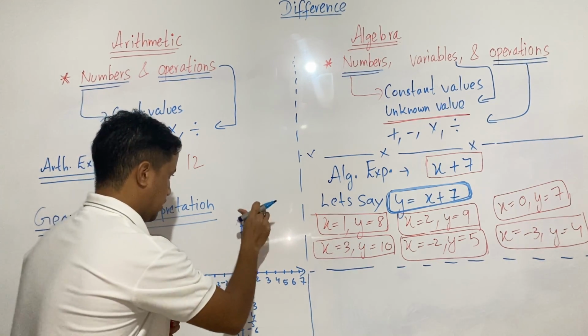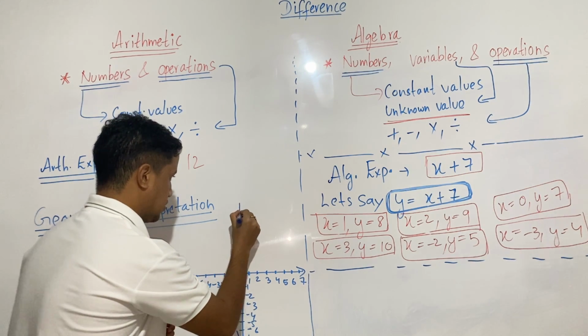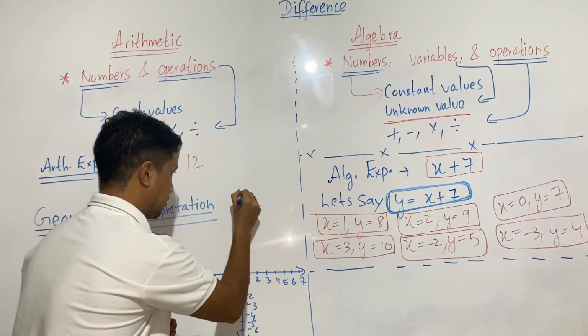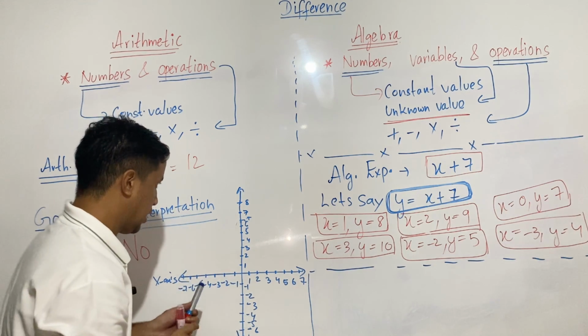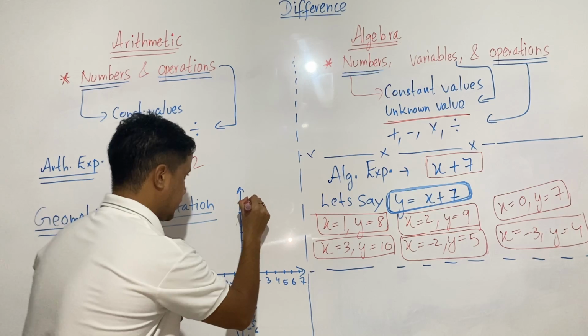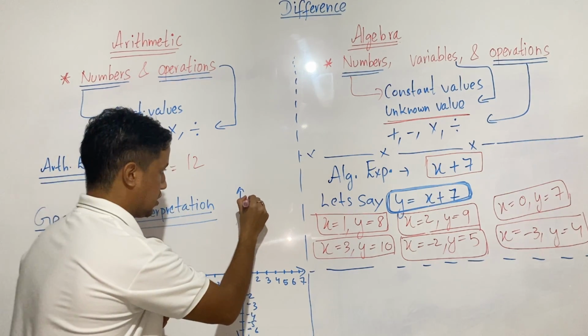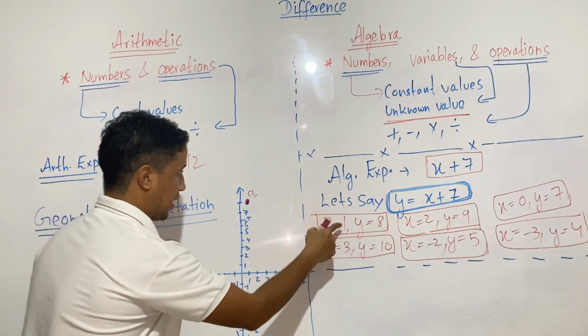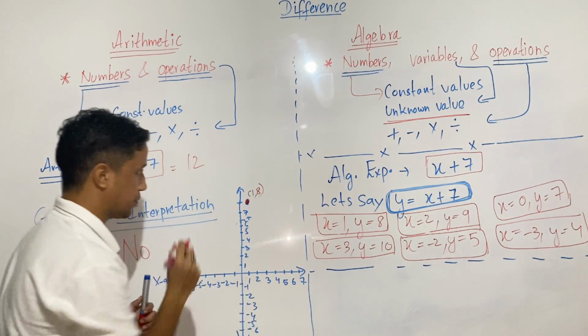So this is 6, 7, and here 8. This is the coordinate, x is 1, y is 8.